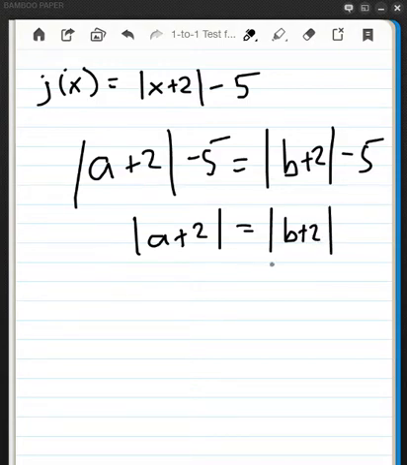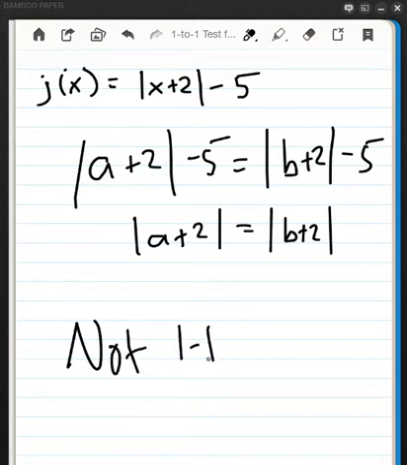So are these things ever going to be equal to each other? Well, they can be, but we can't prove that they always are. For example, if a was 1 and b was negative 5, 1 plus 2 would give you 3, the absolute value would be 3. If b was negative 5, plus 2 is negative 3, and the absolute value of that would also be 3. So we end up with a relationship here that we don't necessarily know are always equal to each other. This is not a one-to-one function. We can't prove that a is equal to b.